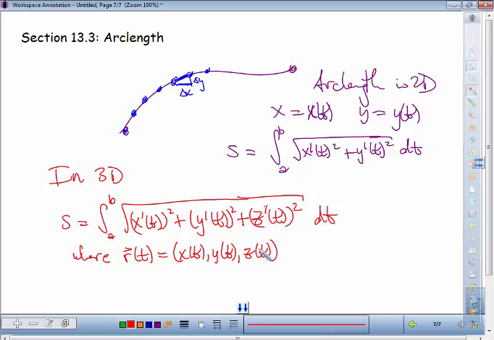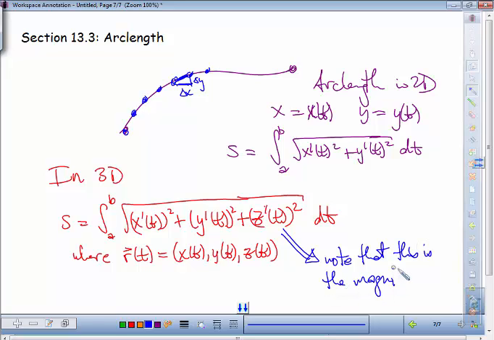How do we write that shorthand? Magnitude of r prime of t. So this is the magnitude of the velocity vector, which means we can essentially rewrite this.